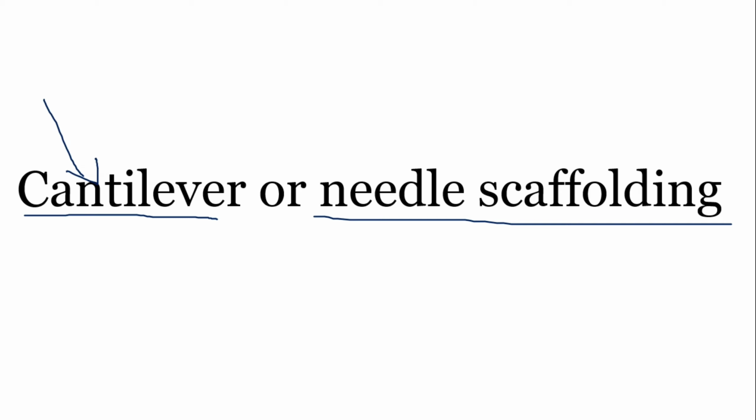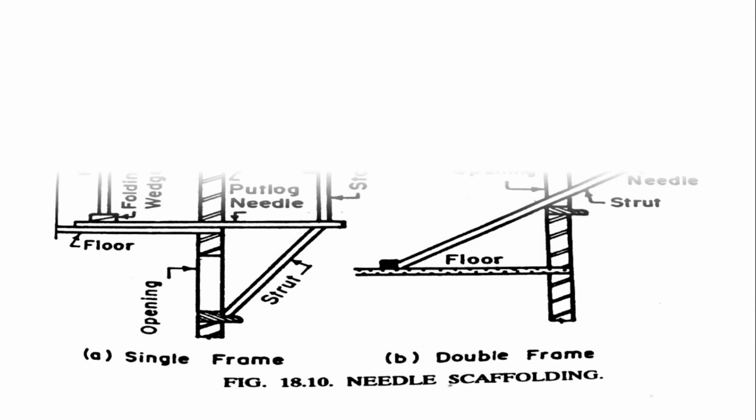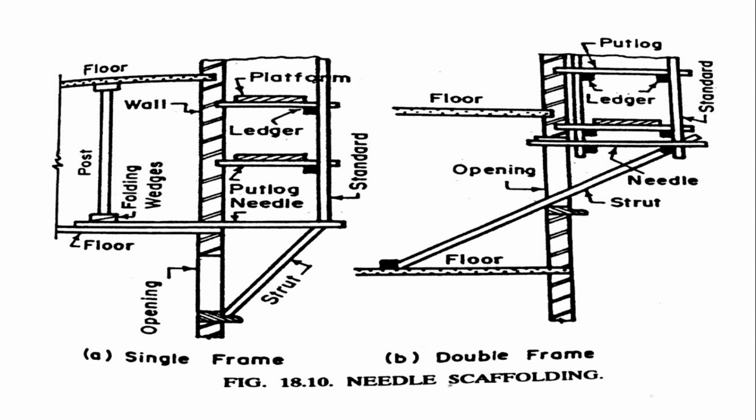Now move toward the third condition. The third condition is represented as cantilever scaffolding or needle scaffolding. As the name indicates, some of the scaffolding occurs in the form of a cantilever section, also known as needle work. Sometimes, as we saw earlier in both conditions, all the scaffolding is supported on the ground.